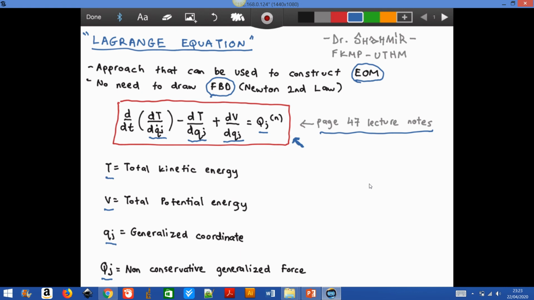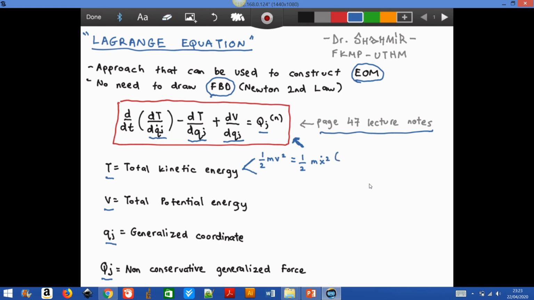So if you look here one by one, for T, total kinetic energy, we've got two cases. One, if we have translational vibration. For translational vibration, the total kinetic energy would be half m v squared, or in vibration we write it as half m x dot squared.